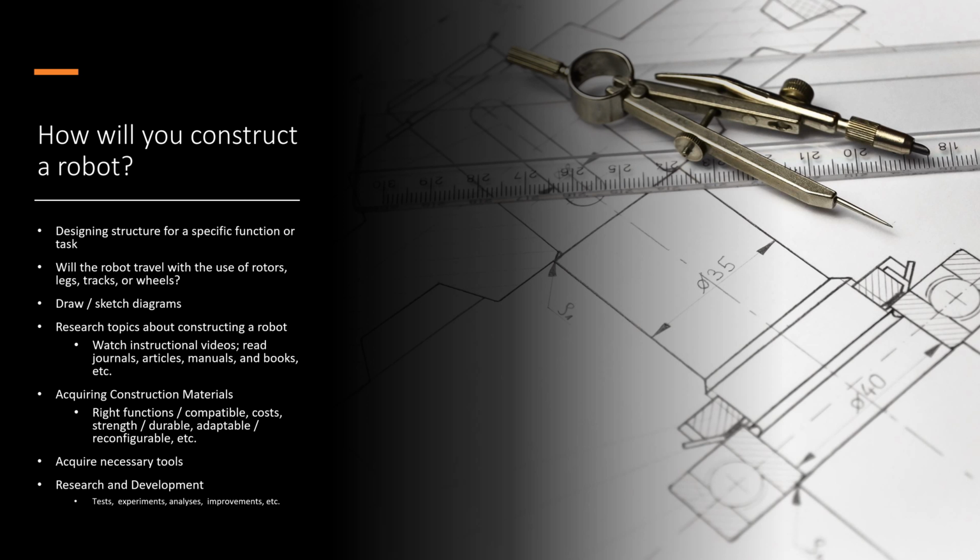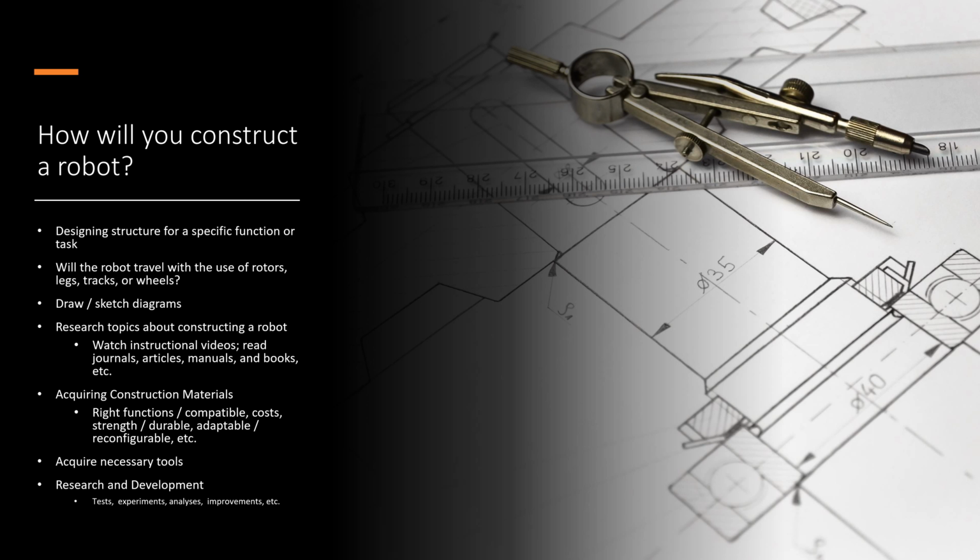You have to decide whether you want the simplest, which I prefer, which are wheels, or whether you want to have something walking on legs, which is very complex. You have to draw and sketch diagrams. I will show you a computer-aided drawing of my diagram for my robot that I started to build.